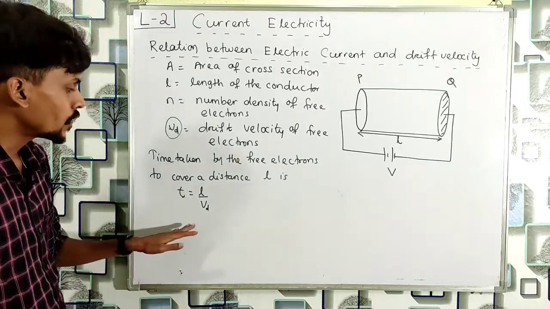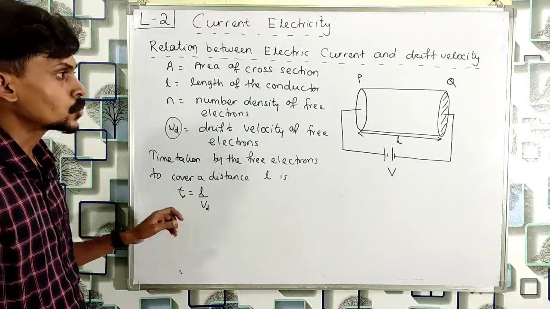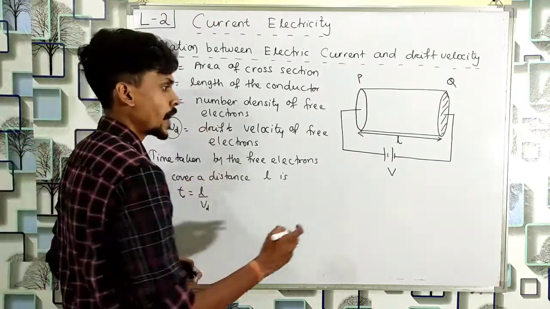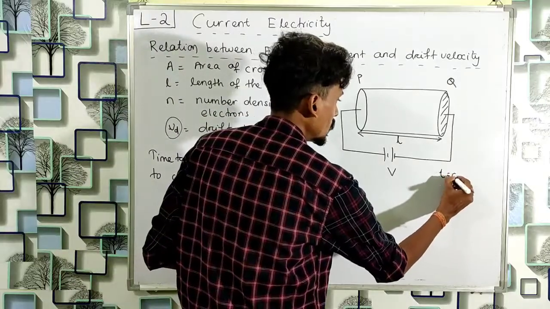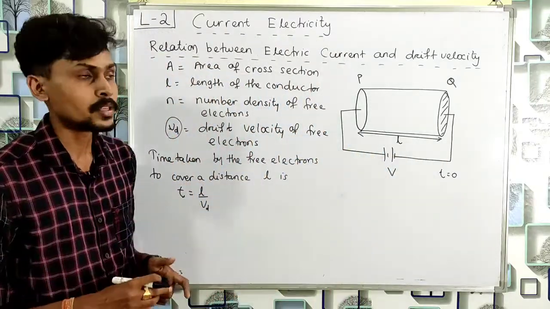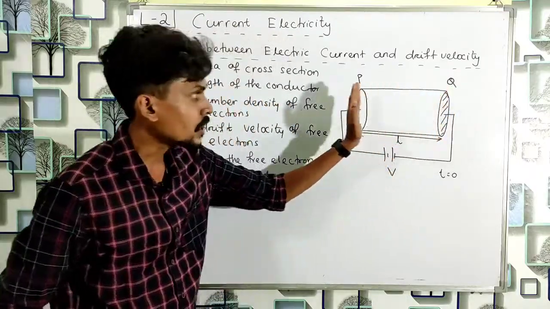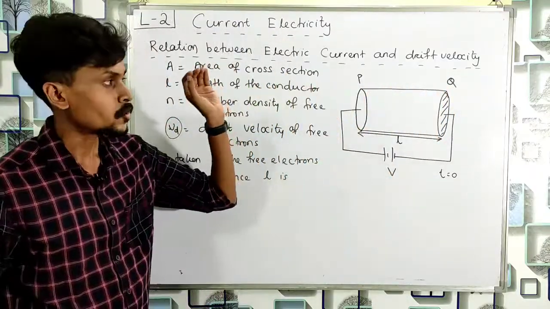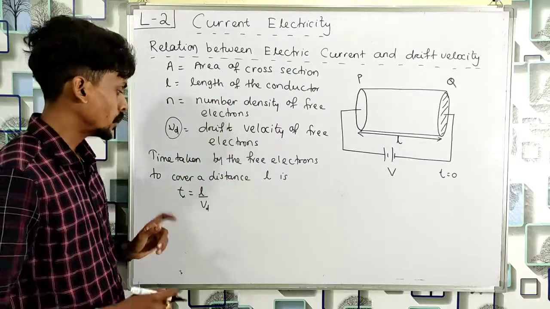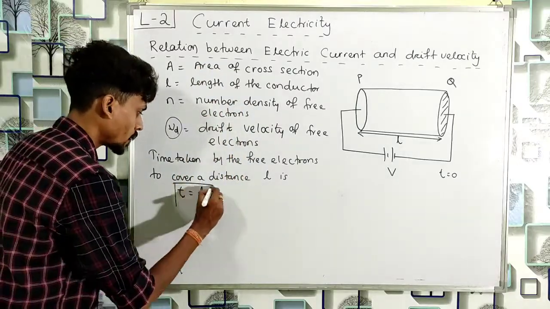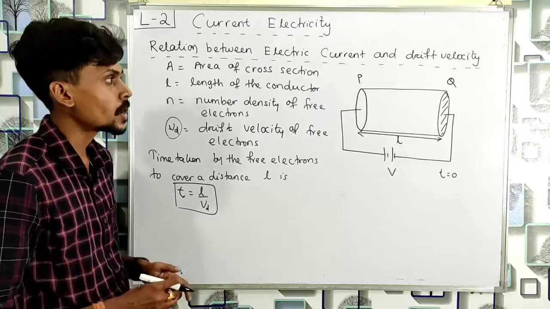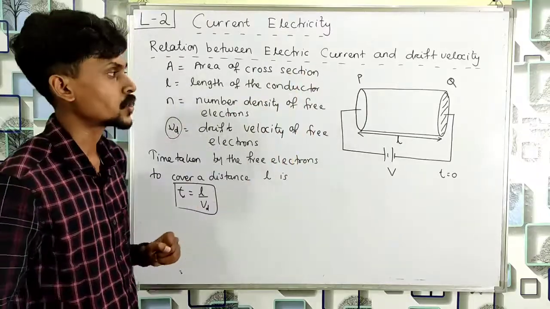Distance by speed will give us the time. So at time t equal to 0, the first batch of electrons, means the electrons present at this cross section, will start drifting towards the cross section P, and they will take this much time to reach the cross section P.